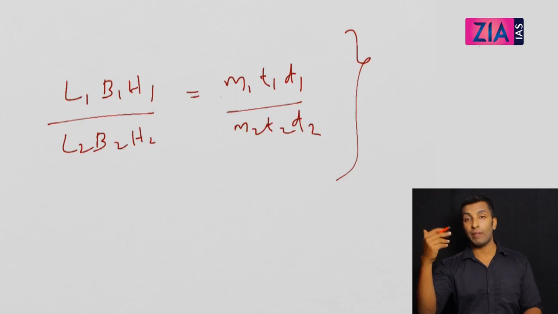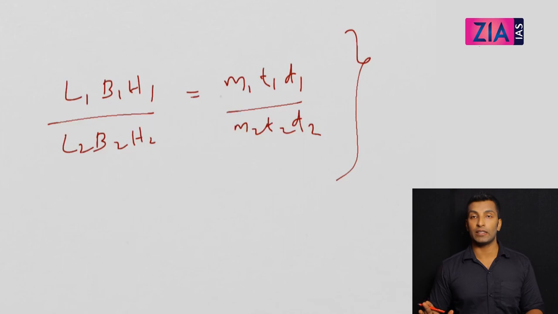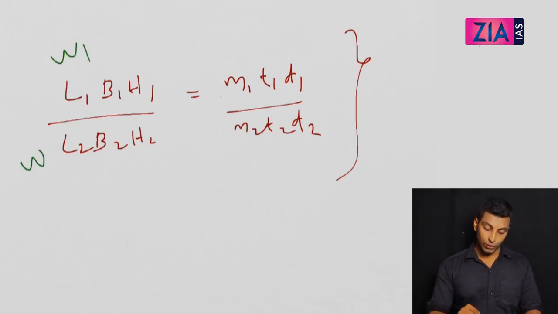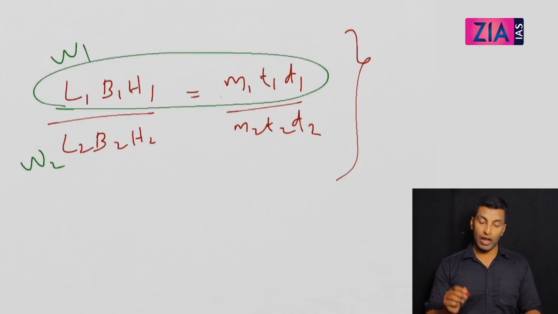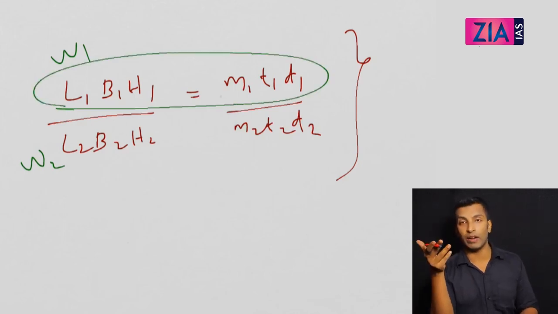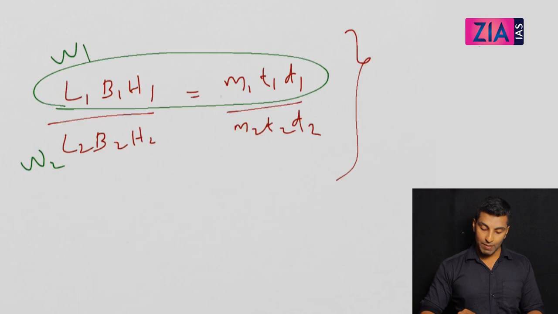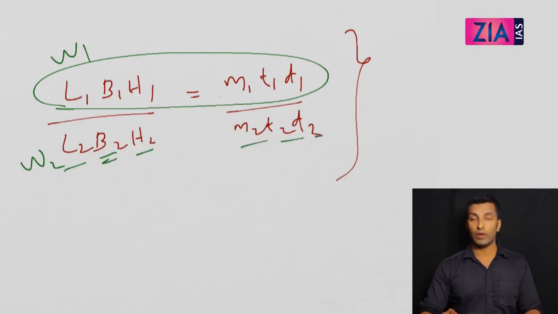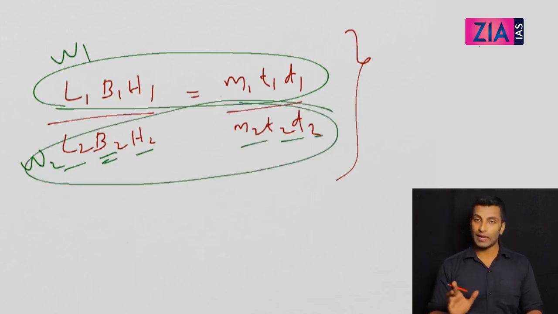Number of men, the time in which each person is working per day will be given. Number of days it will take to complete the work will be given. So you can consider this as work 1, this is work 2. About work 1 all the information will be given. One information about work 2 may be missing. It can be any of the 6, you can find just by cross multiplying. I hope that is clear.